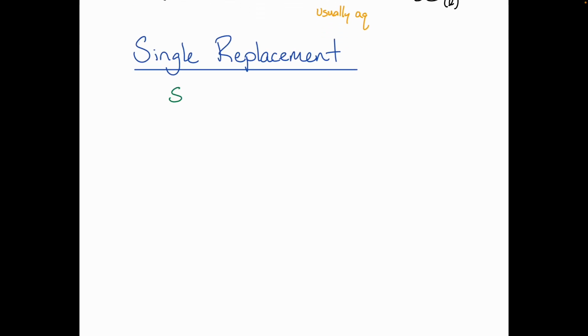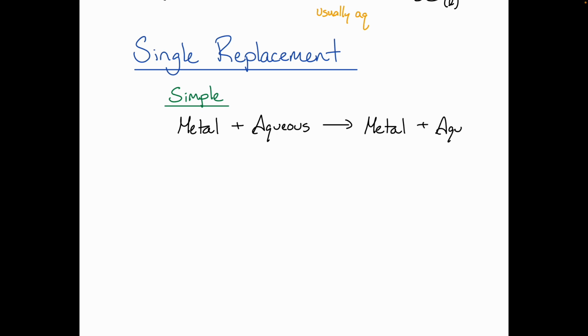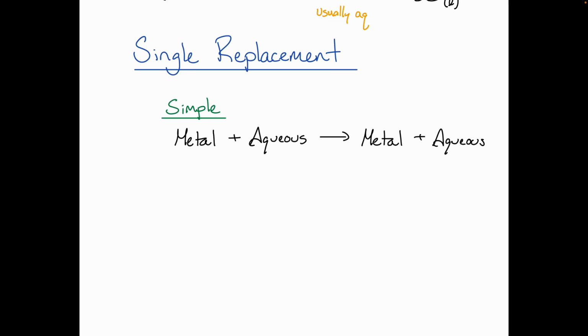There we started out with what I'm just going to call these simple ones, where we had a metal plus an aqueous solution, and we could predict the products as another metal and aqueous solution by following that single replacement scheme. All right, but then we kind of used these to illustrate that broader class of reactions. I guess we can just note, again, we learned how to predict our chemical equations.